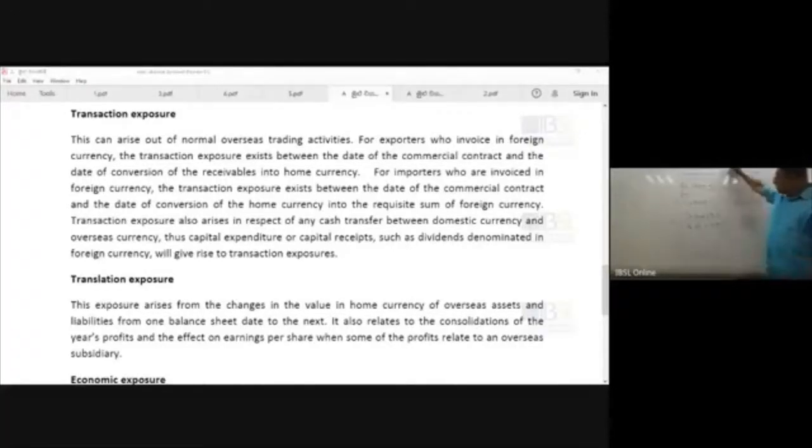It's a conditional red clause. In the good old days, this particular special clause was printed in red. That's why it's called red clause LC. Now we won't print it red, it's in the Swift format, but the special form of the letter of credit is still called red clause LC.